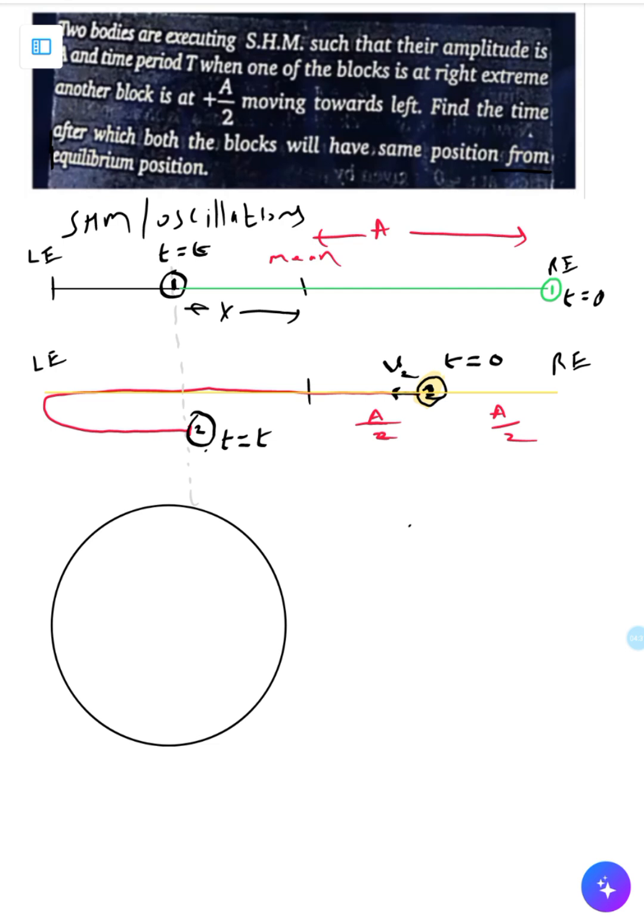Where is particle 1? These are some reference lines I'm drawing. Particle 1 is here. This is 1. What about particle 2? Particle 2 is here.